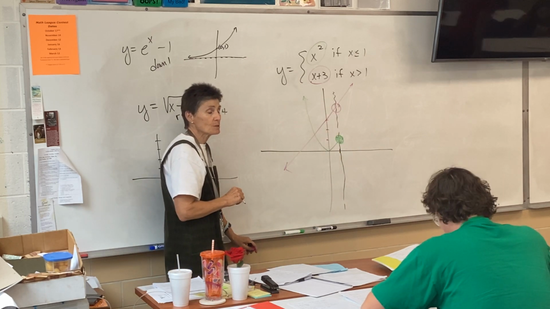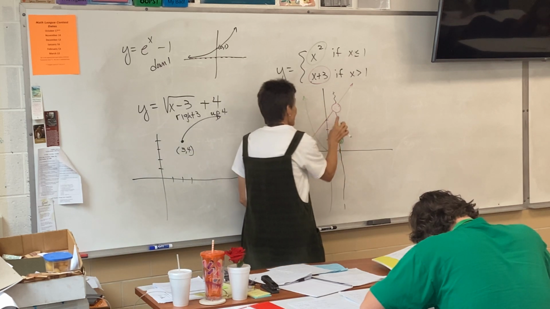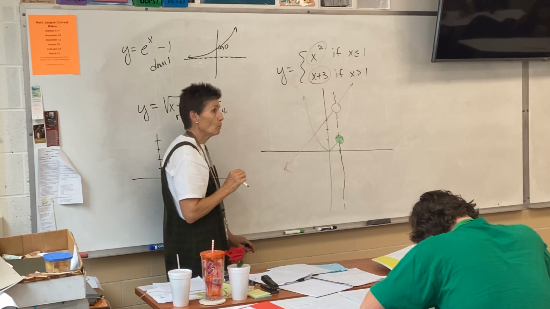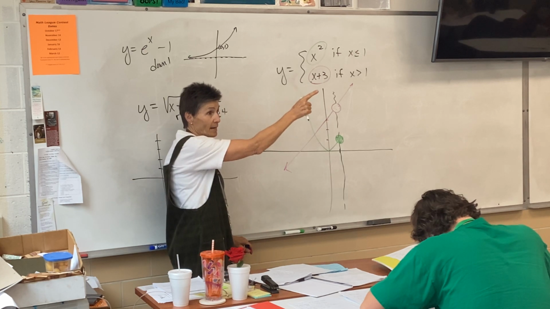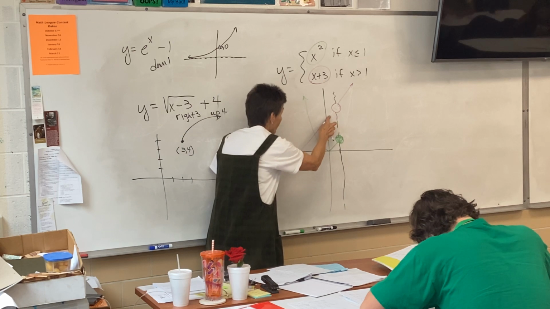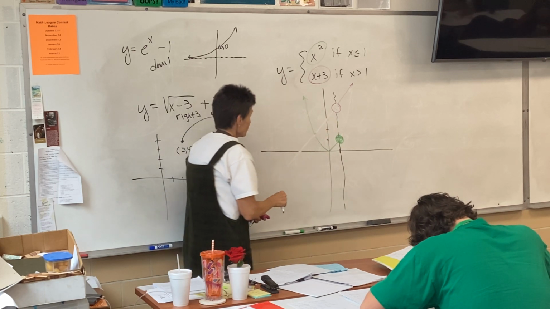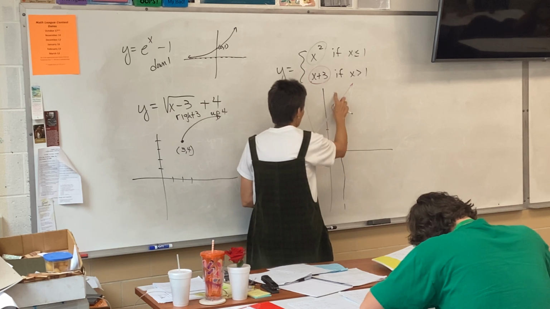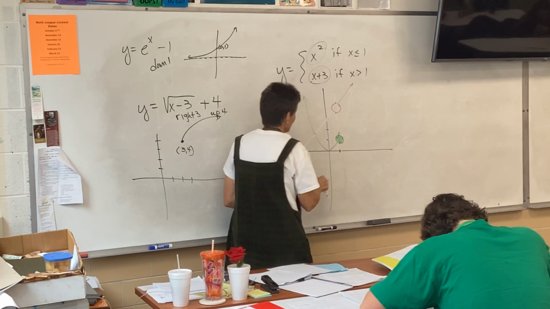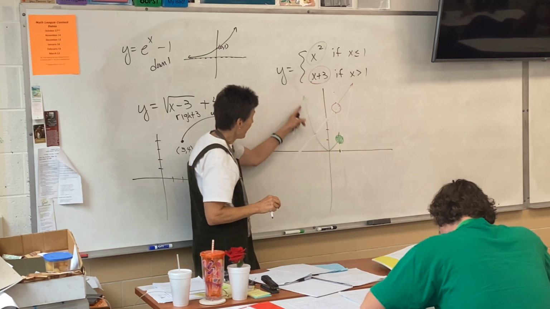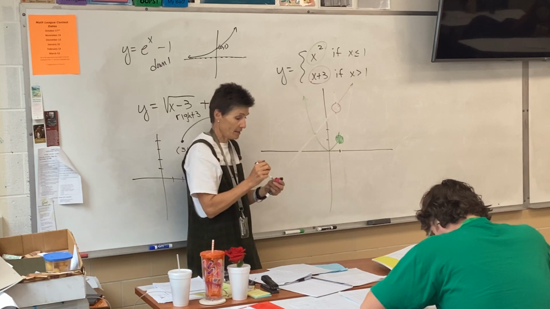Open or closed? Open. My line is broken. Which piece am I keeping? Right. Keeping the right, which means throw away the left. So I can get rid of this line now, this crack. And I have a nice little half parabola there and a nice little half line there.